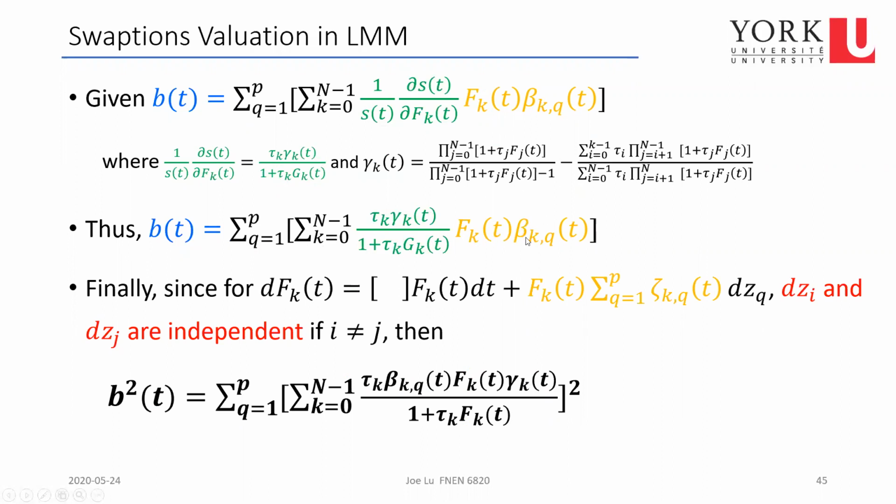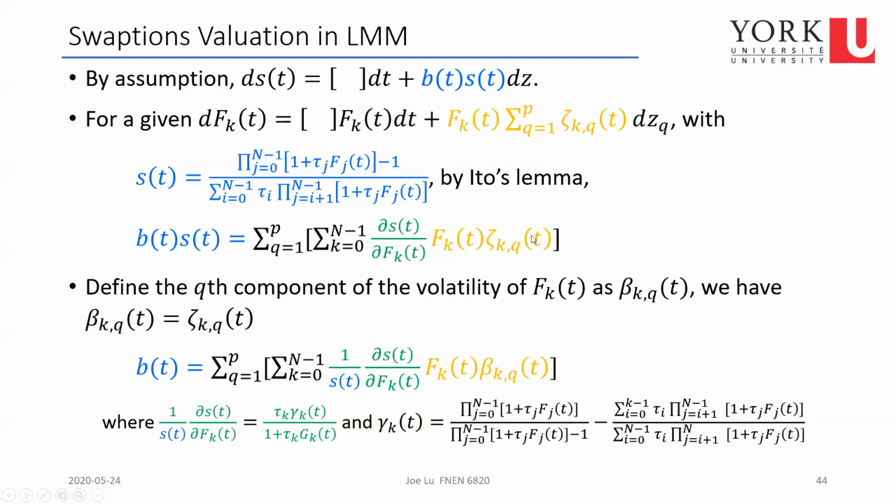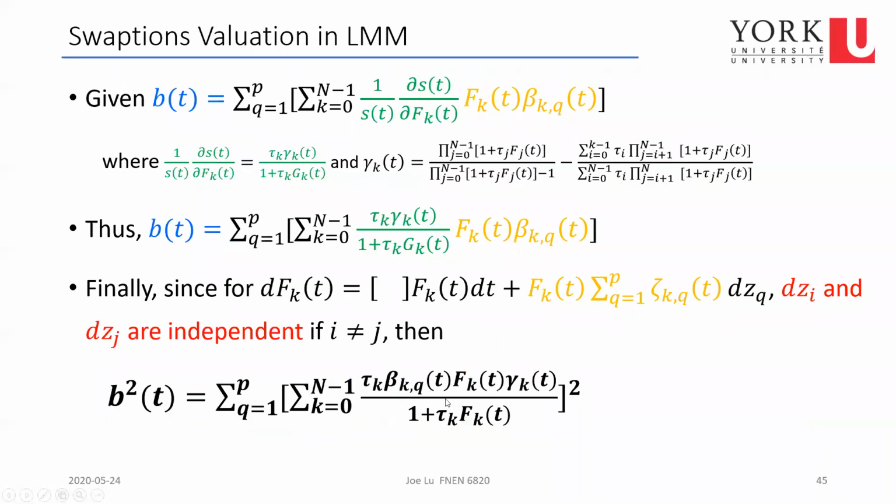So this beta here is this thing here. I just rewrite it in a different form to be consistent for notation. So it defines this beta KQ as this thing here. Okay, so you can write it as beta.